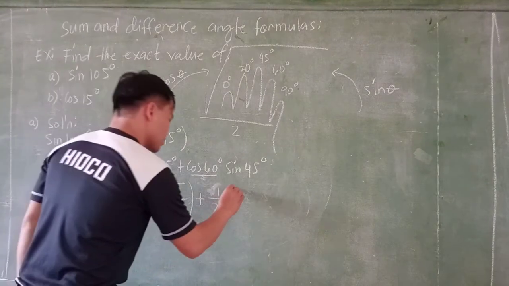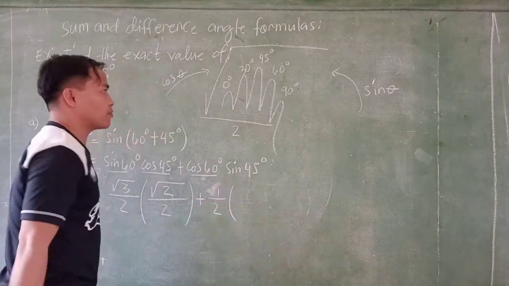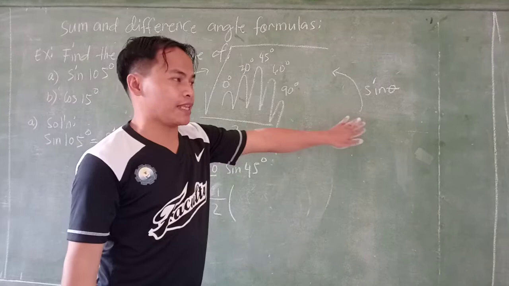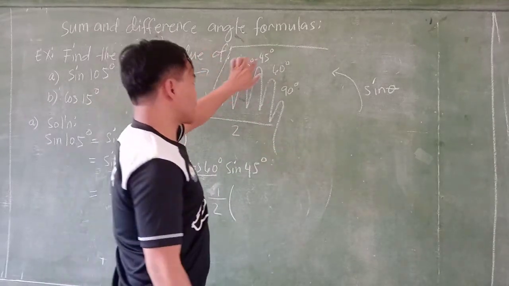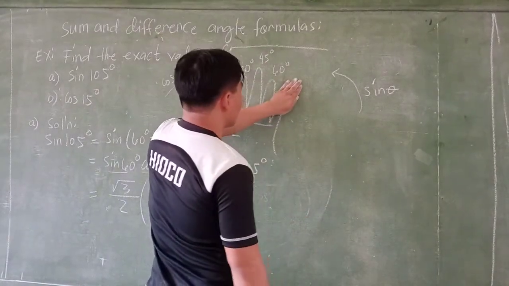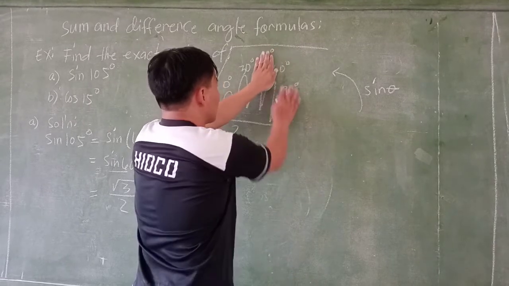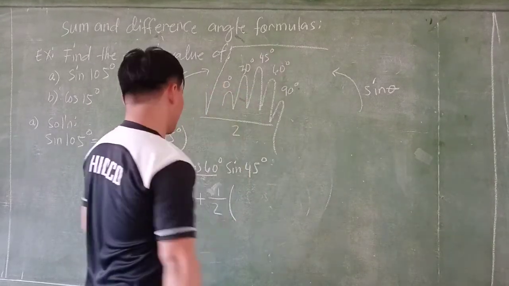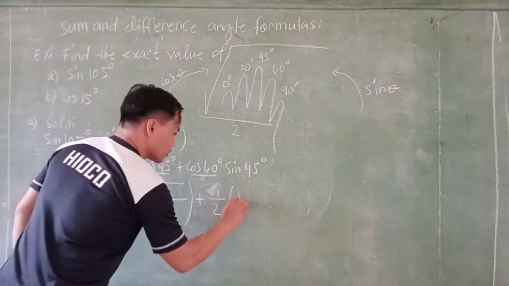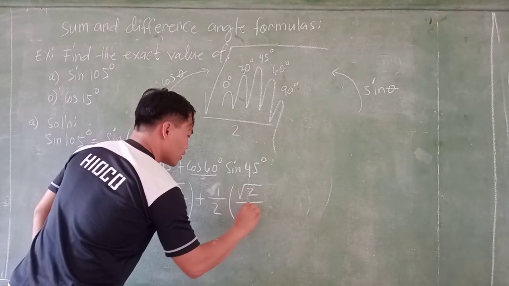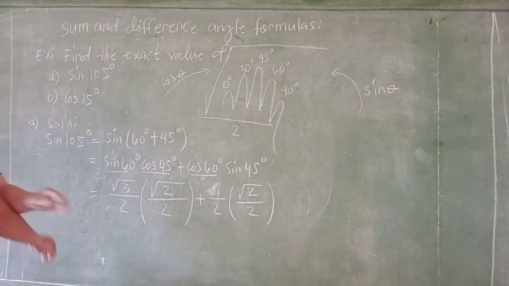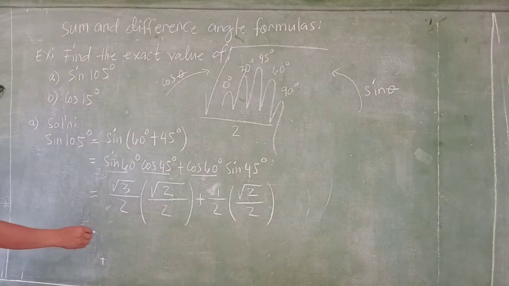Okay? Next, multiplied by sine of 45. Again, ang 45 na sine, padulungan to. So, tabunan ng 90, 60, 45. Ang nabilin, 1, 2. Okay? So, we have square root of 2 over 2. Then multiply.